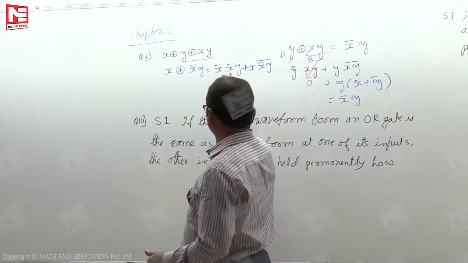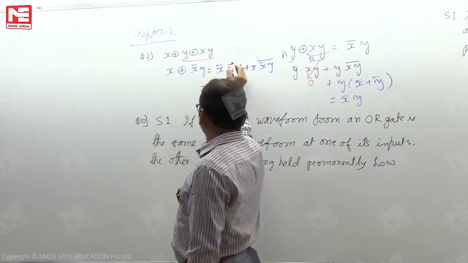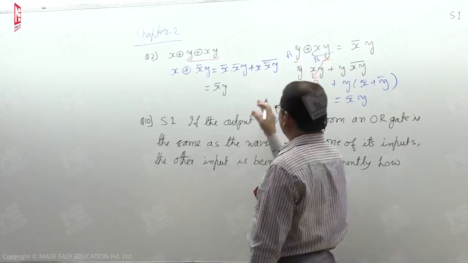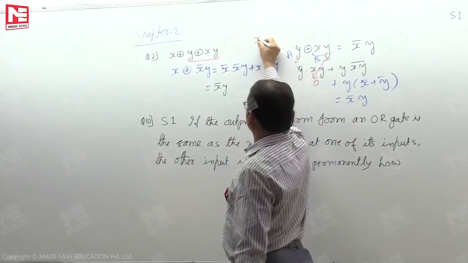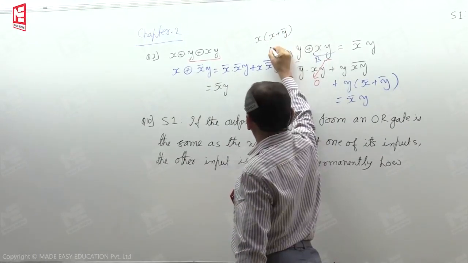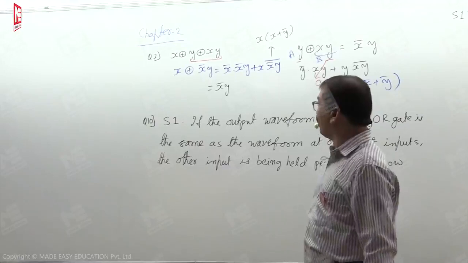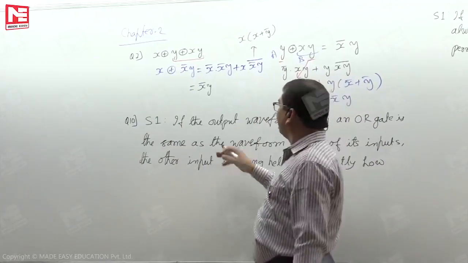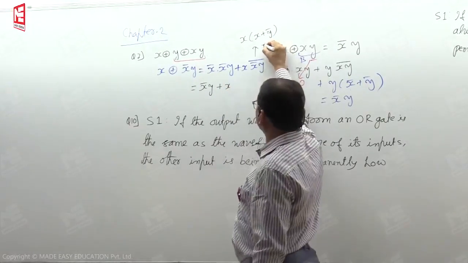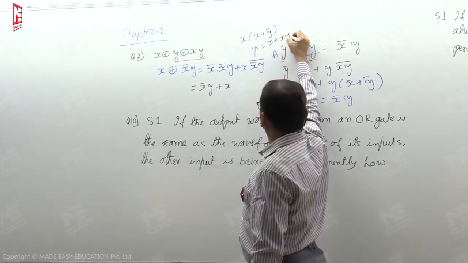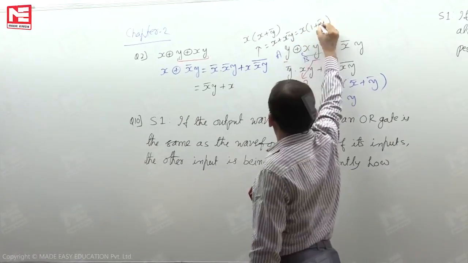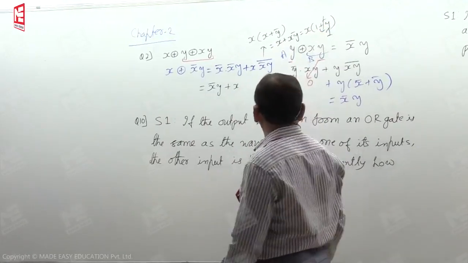So effectively this is X and with X or Y bar. Work it out well: it is simply X, because this is X or with XY bar. Taking X as common, 1 or with Y bar is 1. Effectively it is only X.